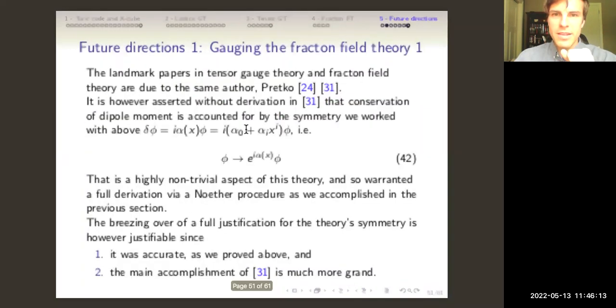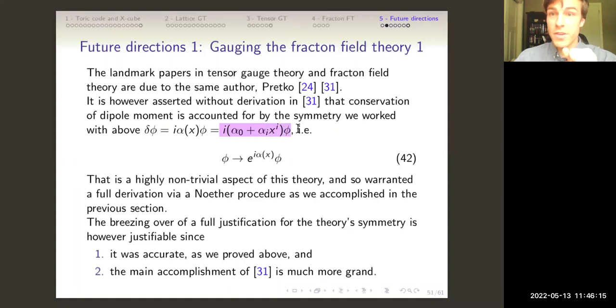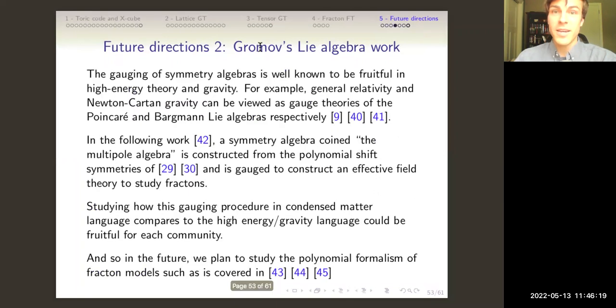A previous PhD student of Sasha Abanov at Stony Brook used those symmetries to construct a symmetry algebra, much like the Poincare or the Lorentz algebra, and gauge that algebra, much like I did in previous work with general relativity, and used that to create the exact same effective field theory that people like Pretko are working on.